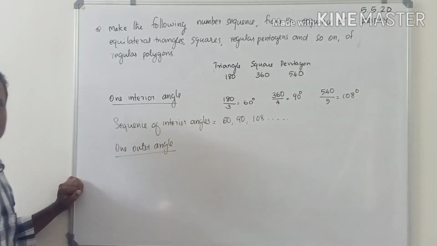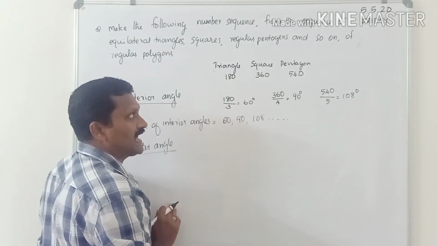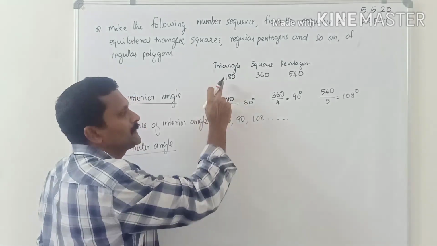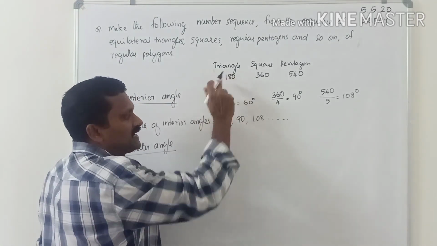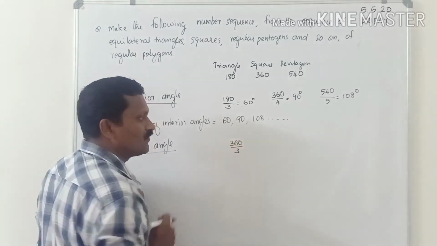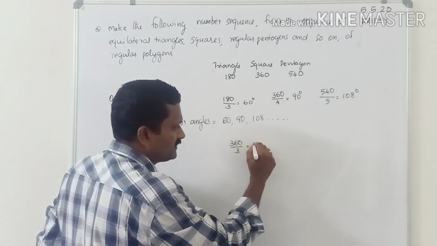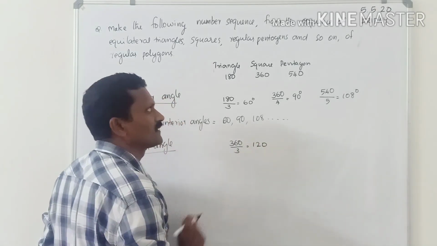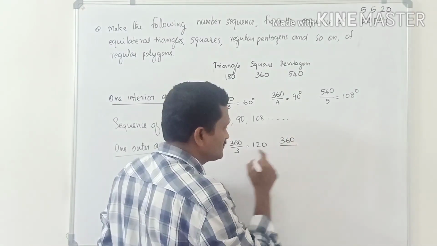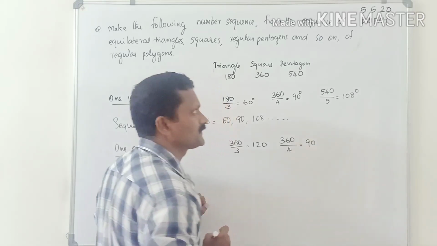One outer angle. We know that the sum of outer angles of any regular polygon is 360 degrees. In the case of a triangle, there are three outer angles, then one outer angle is 360 divided by 3, that is 120. In a square, there are four outer angles, 360 divided by 4, that is 90.